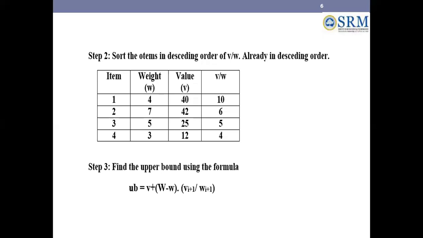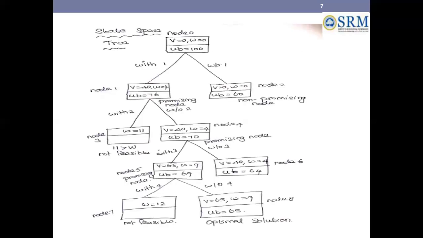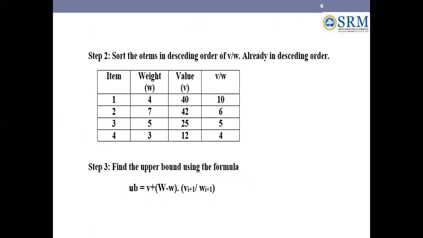If you are finding the UB value for an item, we have to take the ratio of the i+1 item, v i+1 by w i+1. And see the state space tree. Initially, no item is added in the knapsack, so v equal to 0, w equal to 0. Substitute v equal to 0 and w equal to 0 in this formula.